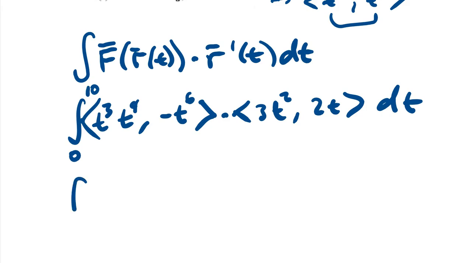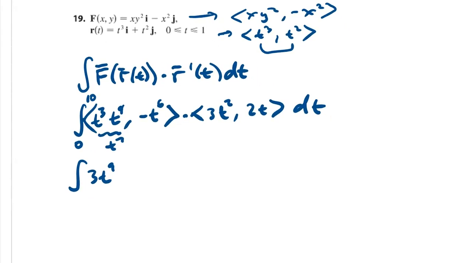All right, so this is the integral of, let's go ahead and do this out. This piece here is just t to the 7th. You dot it with the other one, that'll be 3t to the 9th. And then it's minus, since there's a negative here, 2t to the 7th, dt.